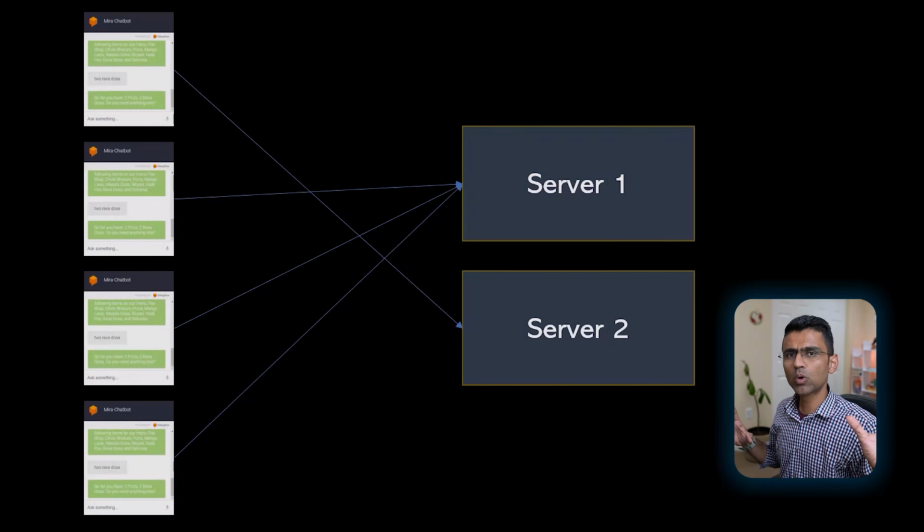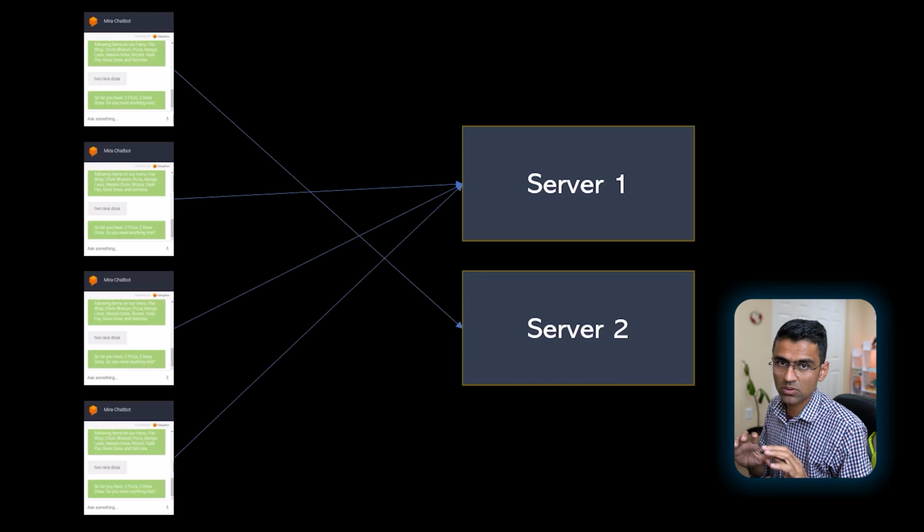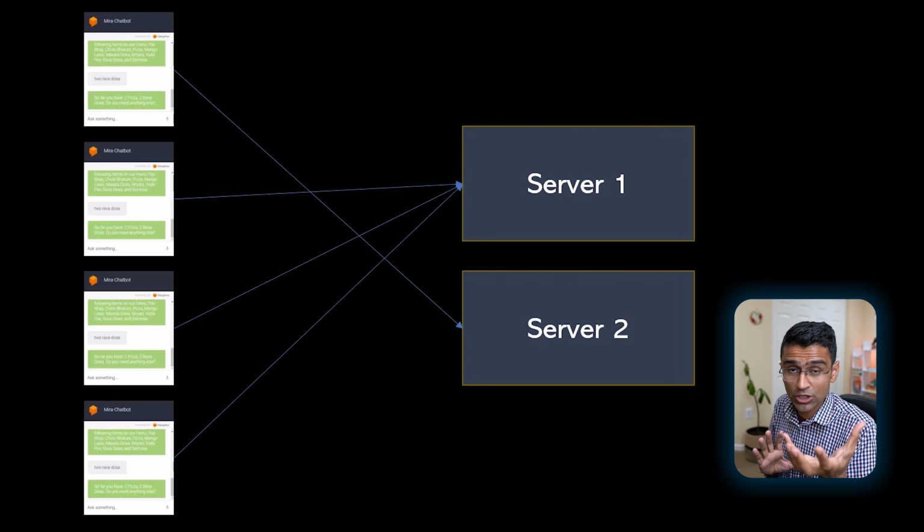Amazing. Let me go over that session ID logic so that there is no confusion left. In production, there will be multiple chat windows, and for the server, the FastAPI backend that we are writing, there could be multiple servers that we can deploy to our cloud provider. It could be AWS, GCP, etc. And one server will be receiving requests from multiple chat windows opening at the same time.